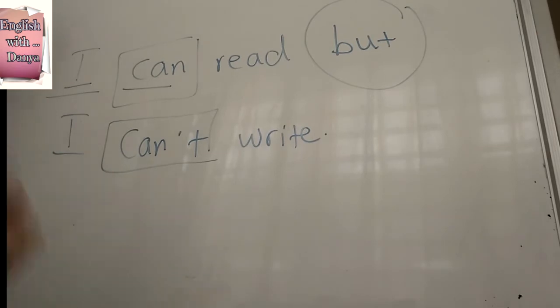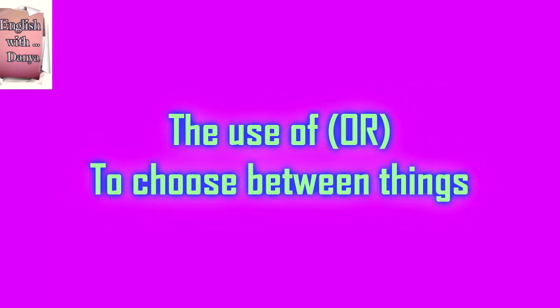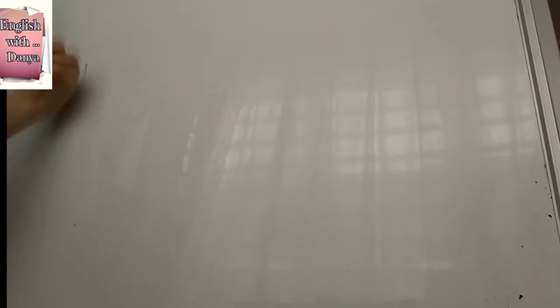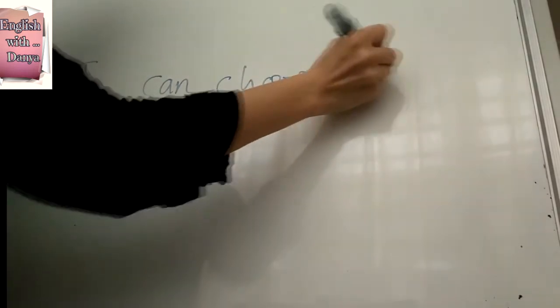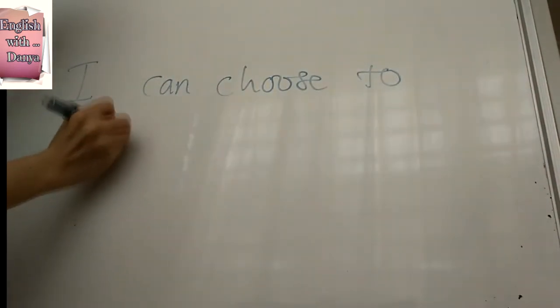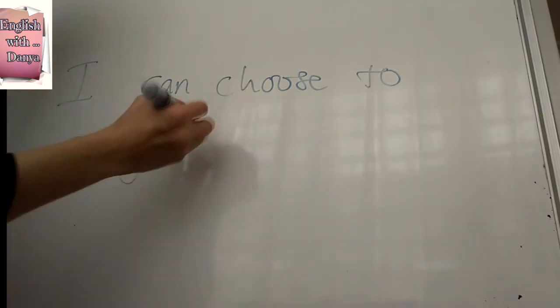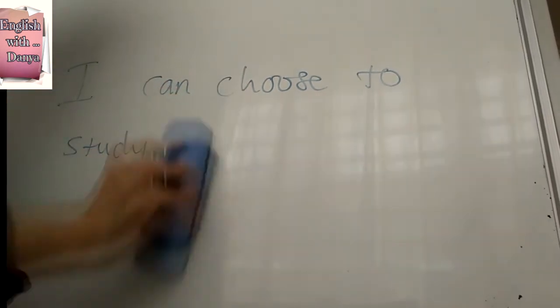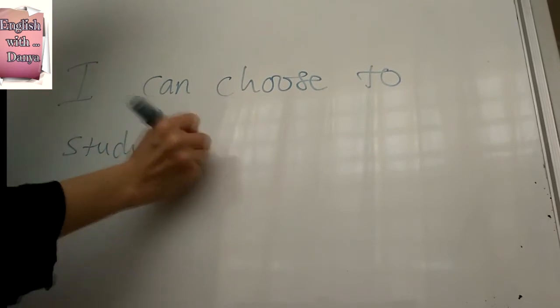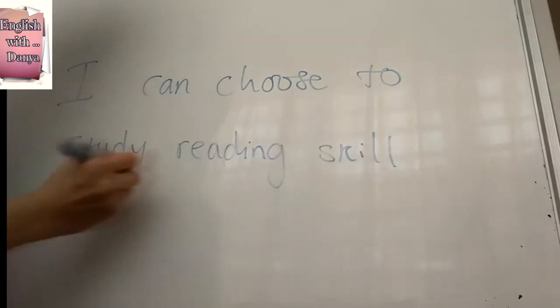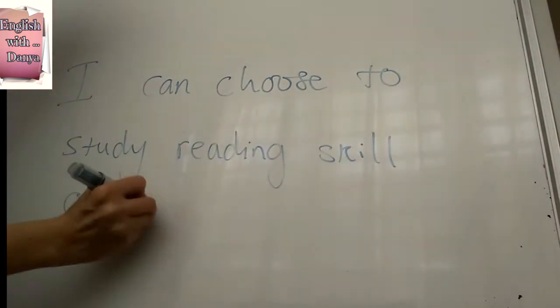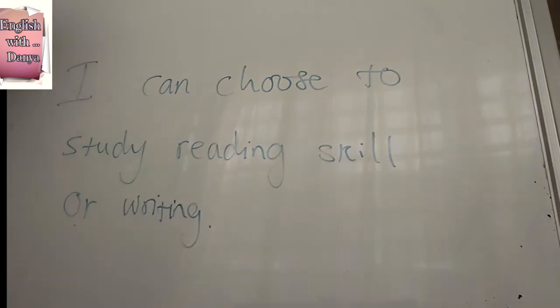For the use of or, we use or if you can choose between things. For example, let's say I can choose to study reading skill or writing.